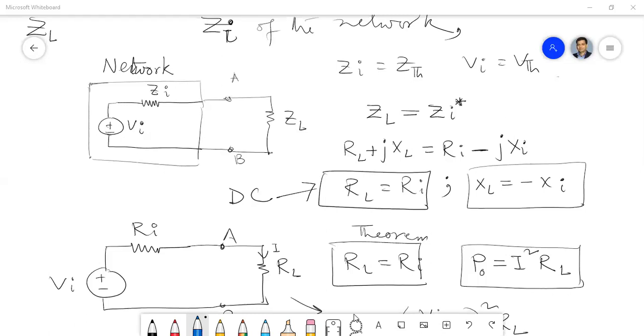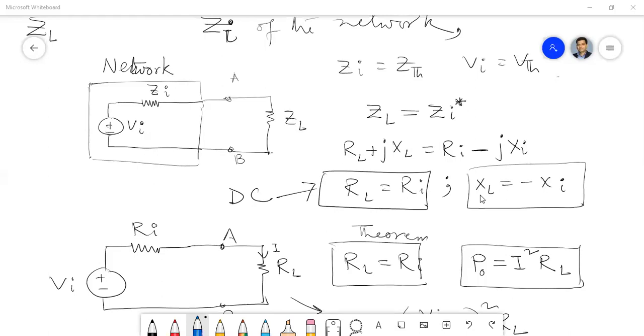XL is basically a scalar term. XL and RL, those are basically real. But when I am writing RL plus jXL, j is the imaginary term, and by that we are making this complex variable ZL. XL is not complex. It's just a real term.